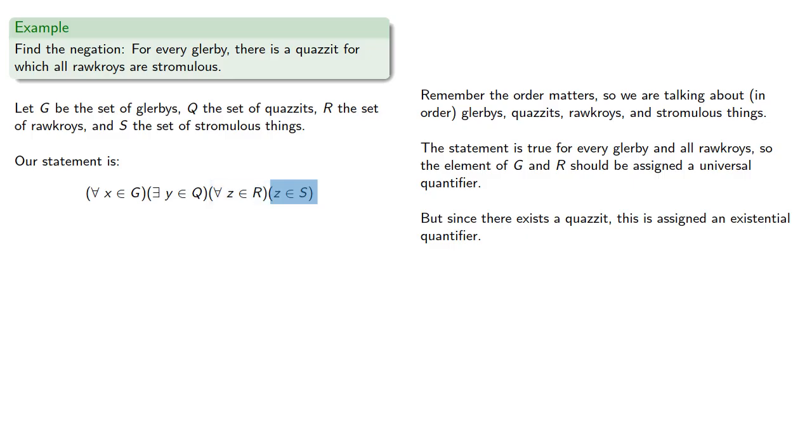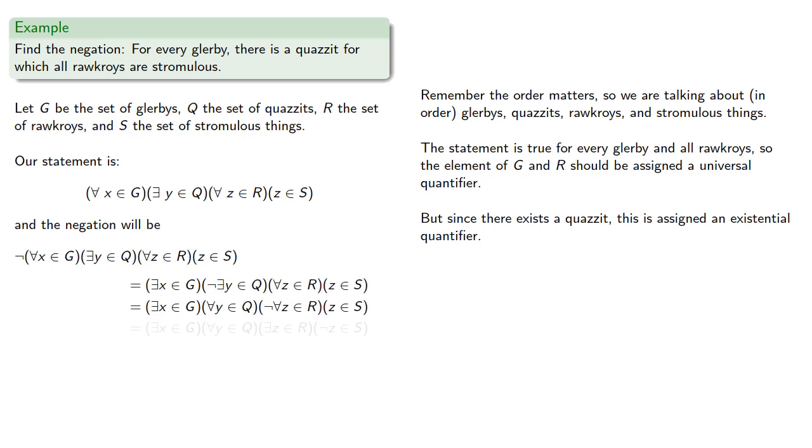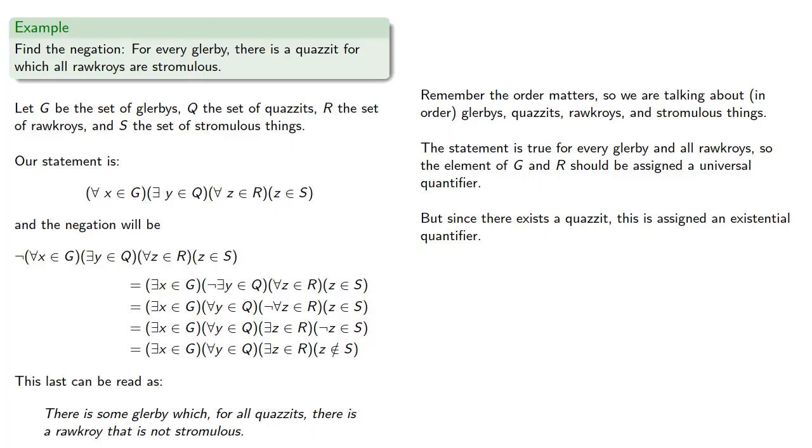And the negation will be, shifting our negation across the quantifiers gives us, and that final negation of Z in S is also Z not in S. And we can read this as, there is some glurby, which for any quasit, there is a Rockroy that is not stromulus.